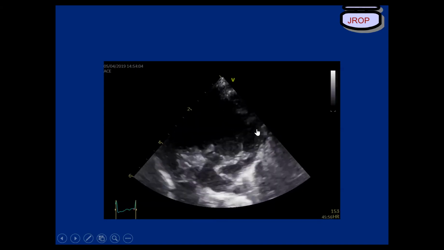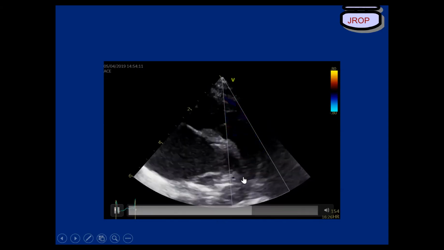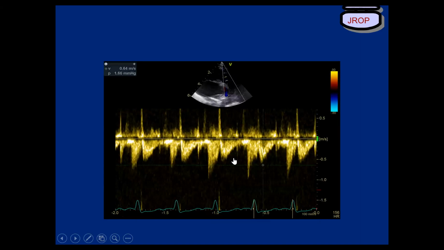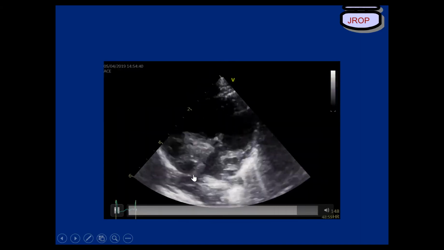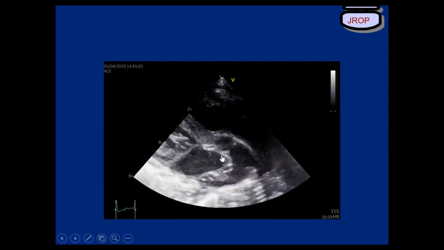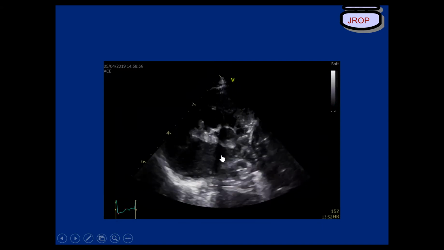Both of these arteries will have a separate color flow pattern. Now look at this. This is aorta, which is not bifurcating. And this is bifurcating, and it shows turbulence. I'll come back to it.